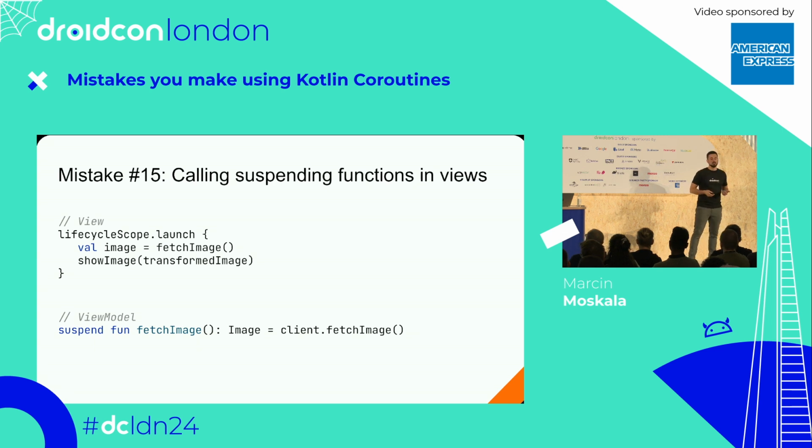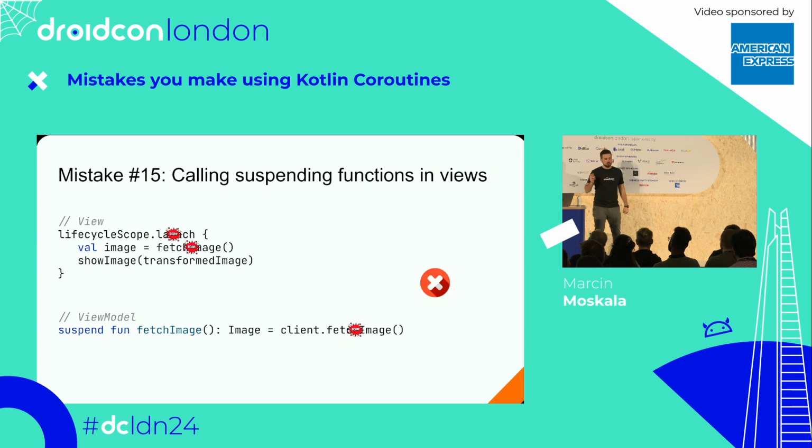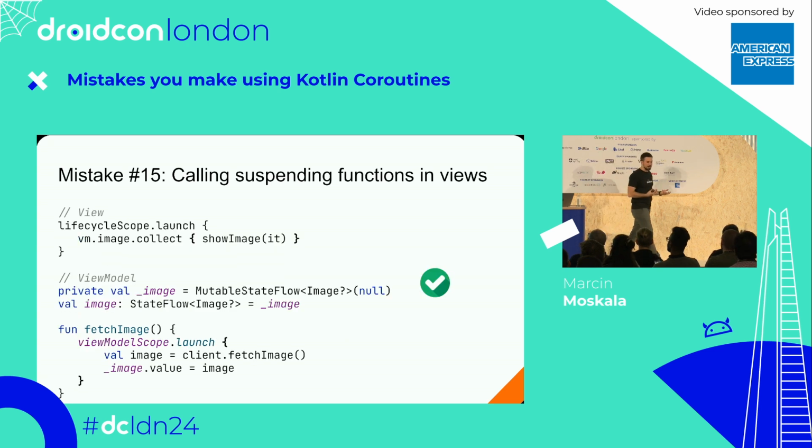But what if it fails? What if fetching the image fails? That sometimes happens. Not only will you not load this image now, but you will also break the observer, so you'll very likely never load it. The architecture that we are using, which separates view models and views with the state flow, where the state flow is observed by the view and updated by view models, is super safe.